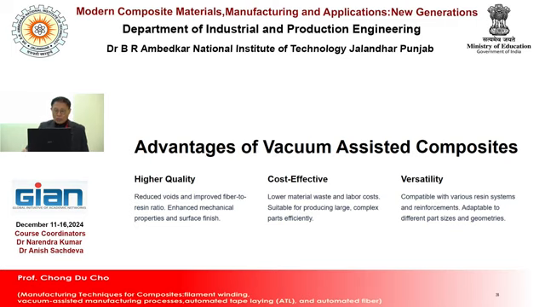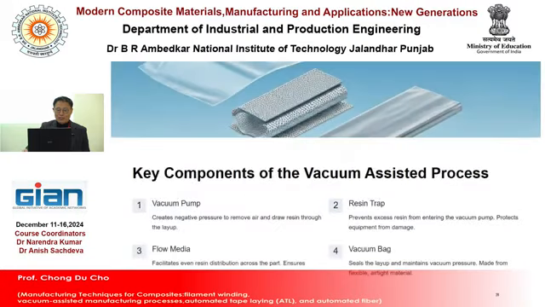So the vacuum-assisted process has key components. As a manufacturing method, there is the vacuum pump. So vacuum is mandatory, right? And flow media. Flow media facilitate even resin distribution across the part and ensure complete fiber wetting. This flow media is a kind of channel for the molten resin.